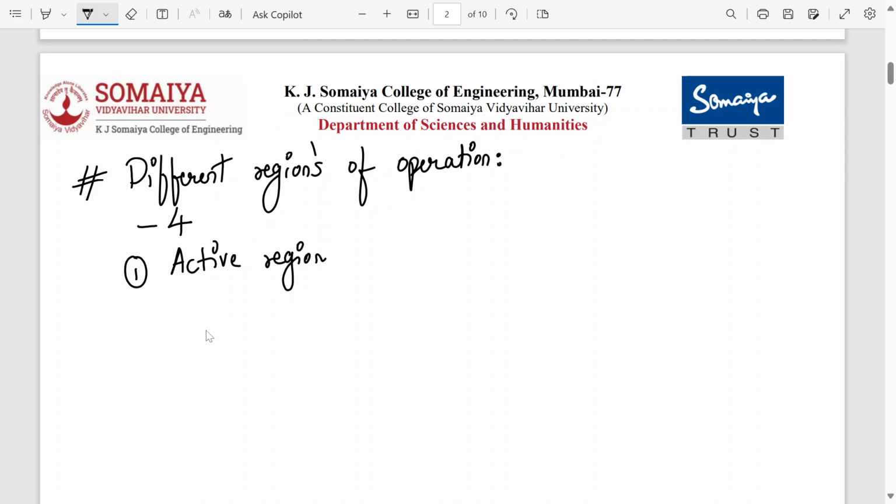Now these regions are classified based on the base emitter and base collector junction. First let me write down the regions. Next is the cutoff region. Next is saturation.